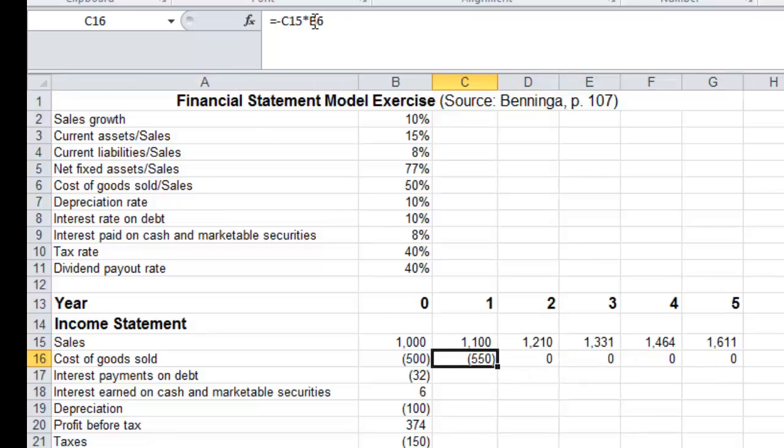And again, I forgot to put the dollar signs on the percentage, so we need to do that. And I won't show you all the rest of these because they're pretty straightforward.